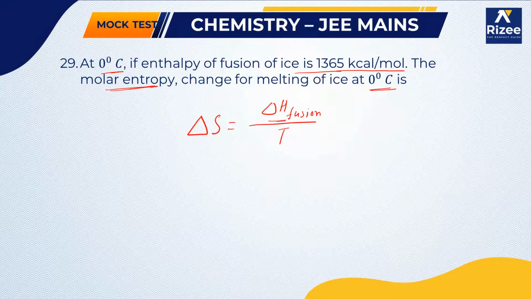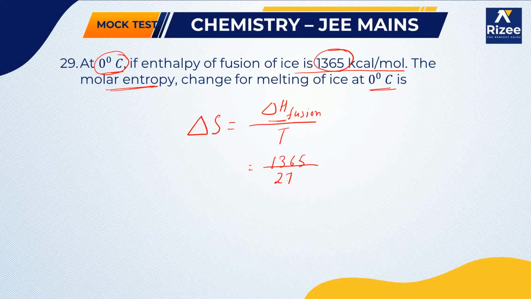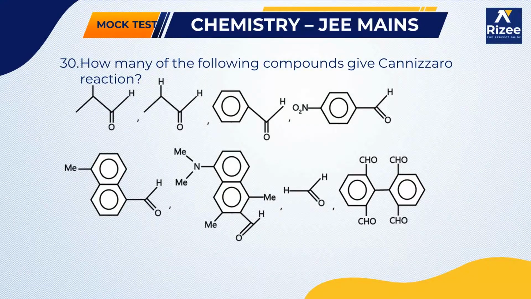What is the value of delta H? It is already given as 1365, so delta S is equal to 1365 by the temperature, which he has given as 0 degree centigrade, so 1365 by 273 Kelvin. That will be equal to 5. So the molar entropy value here is 5. Okay. So moving on to the last question.